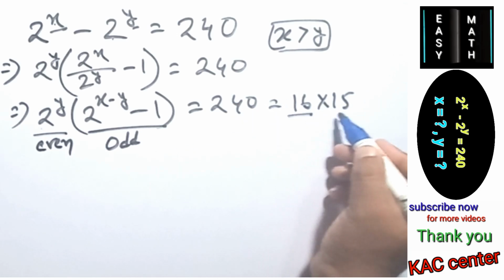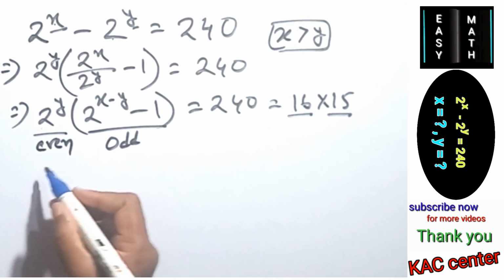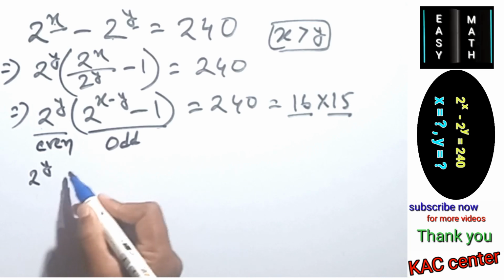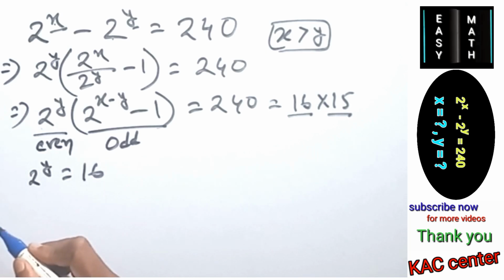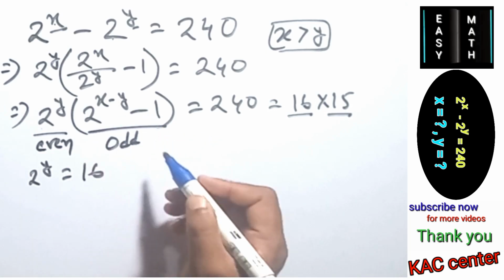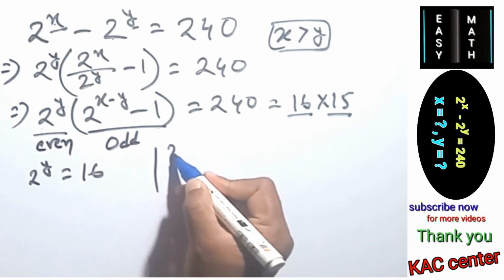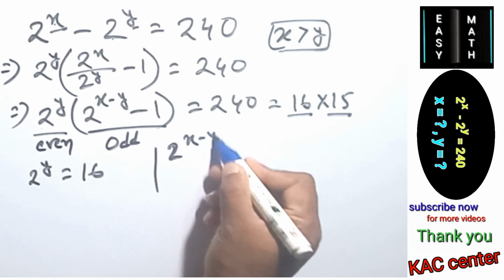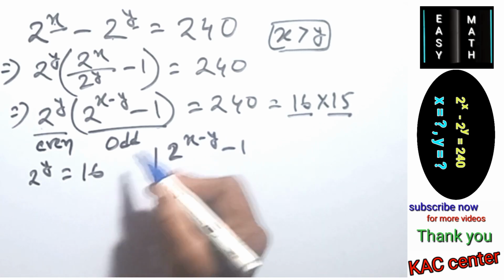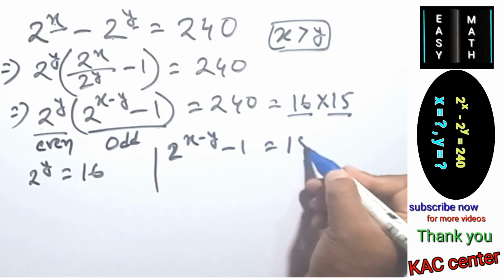This is the even number and this is the odd number. So you can write that 2 to the power y is even and 2 to the power x minus y minus 1 is odd, so we take this as 15.